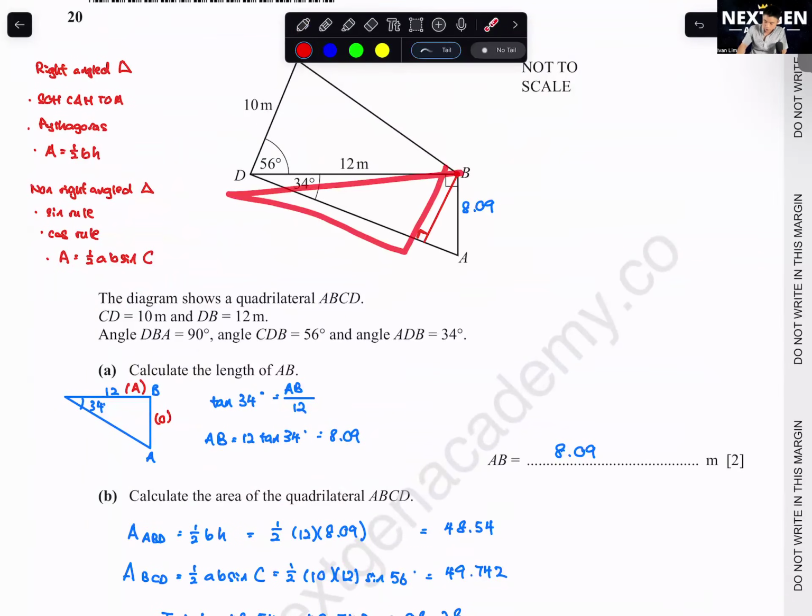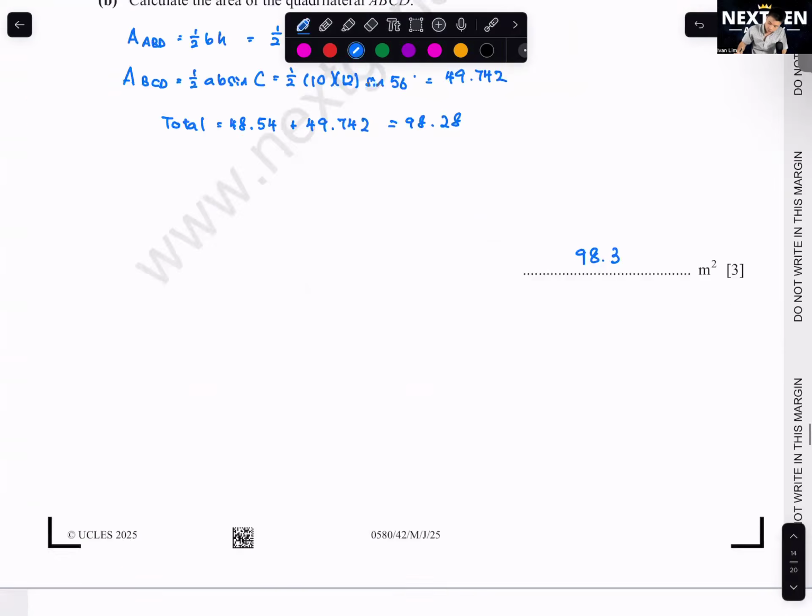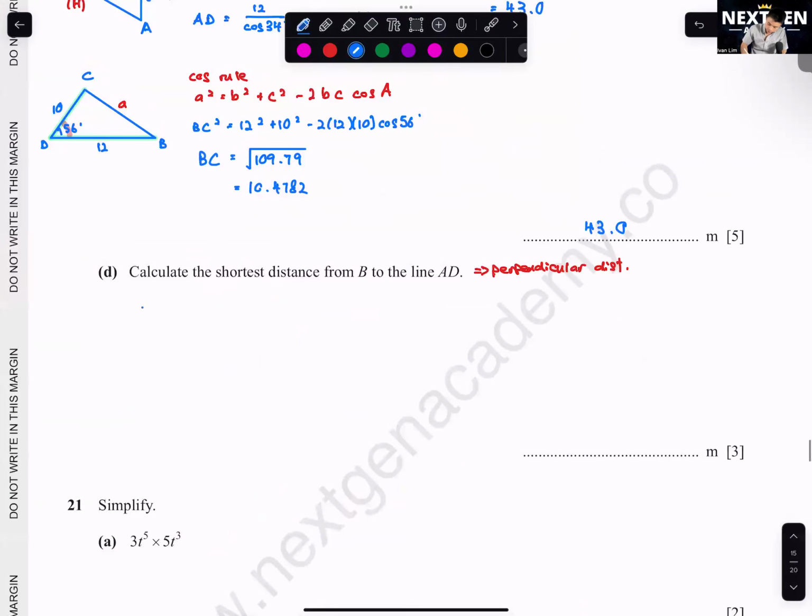This is the triangle that we're going to be using. B, D. Can draw it up like that. Then we want to find this distance. This is 12. What's one more thing that we have? We have the 34 degrees over here. This one is opposite.